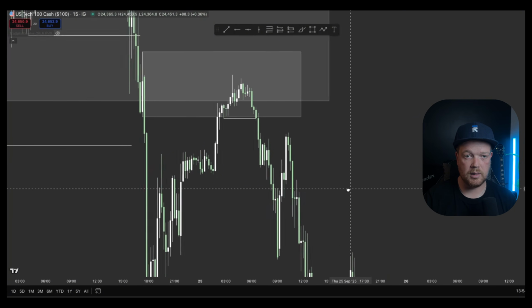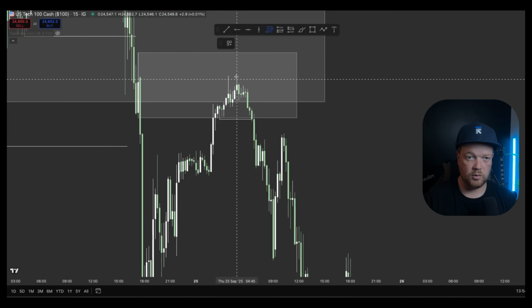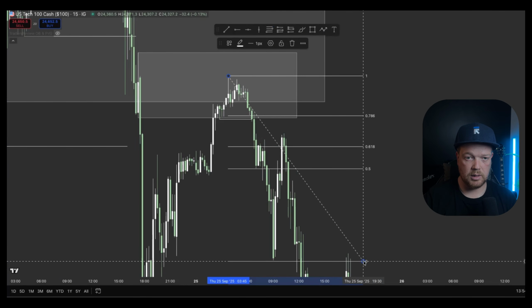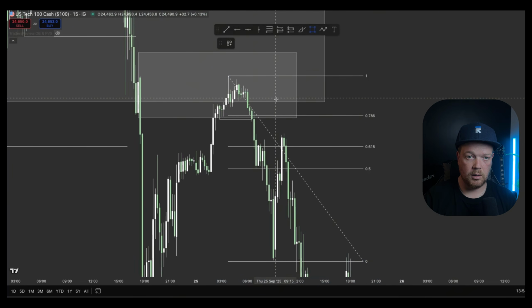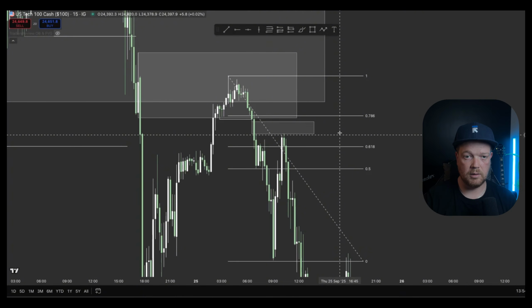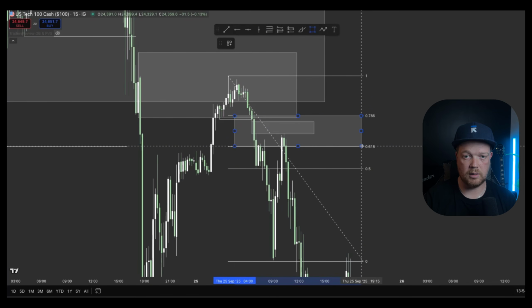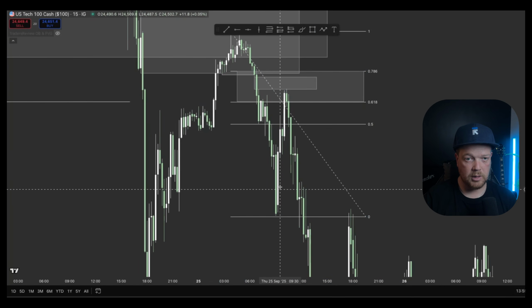We broke highs. Now you can draw your fib from this high to this low. As you can see, price came into the fair value gap right over here, inside of our 61 and 78 zone, which we call the golden zone. Fibonacci right over here, price came up.